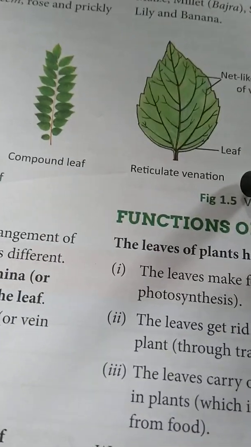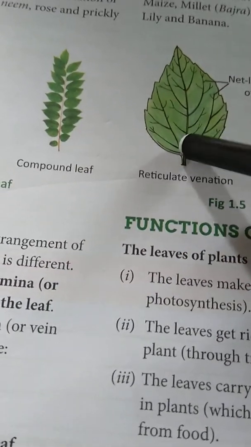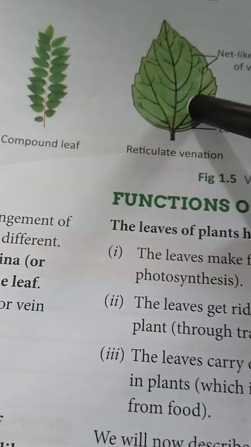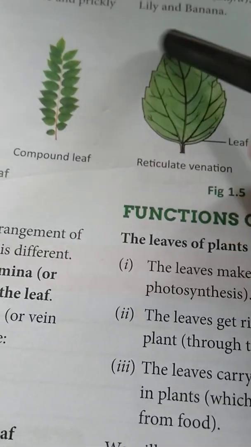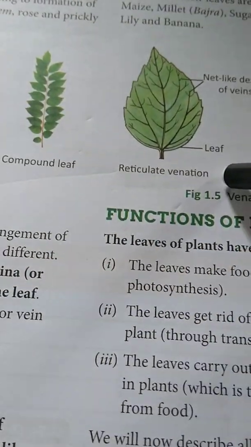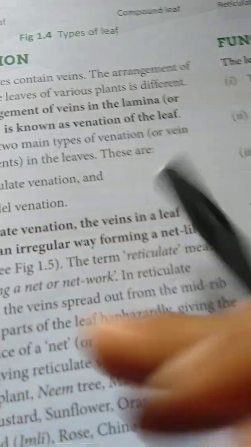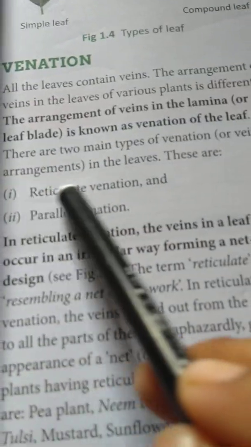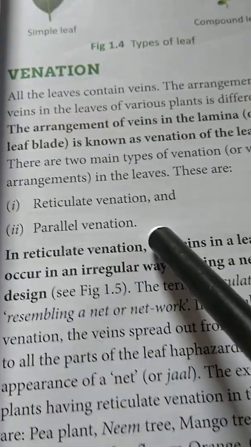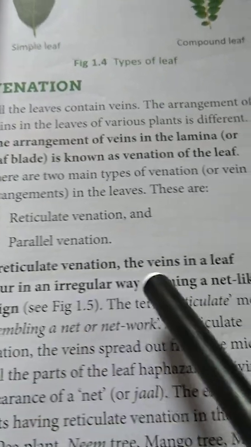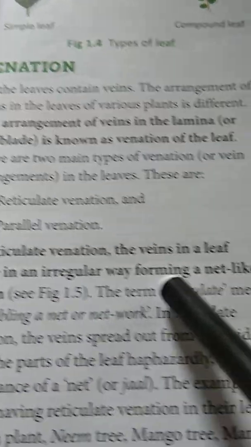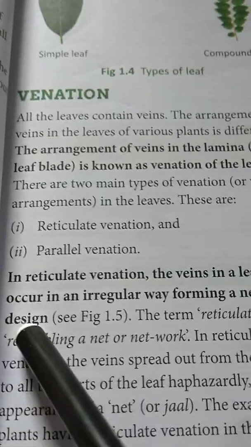So what is venation? Venation means the arrangement of veins or veinlets in the leaf. Venation is divided into two types, reticulate venation and parallel venation. In reticulate venation, the veins in the leaf occur in an irregular way, forming a net-like design.